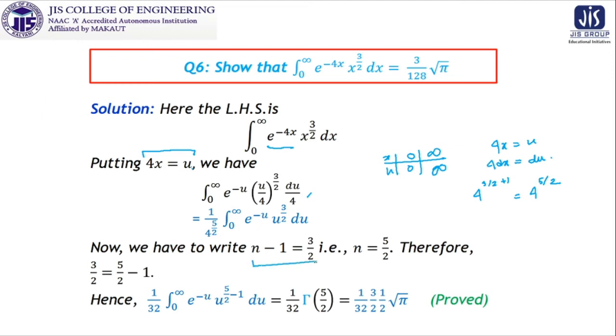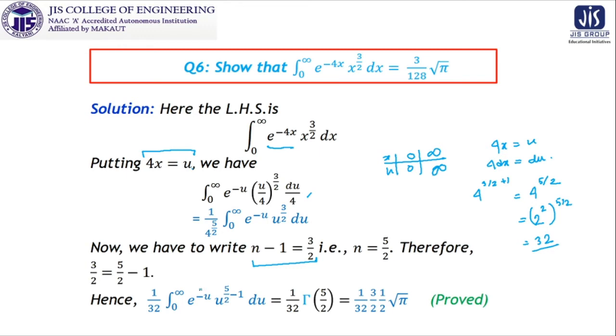This is the very important line, easy line but important. n minus 1 is equal to 3 by 2, that is n is equal to 5 by 2, because 3 by 2 plus 1 is 5 by 2. So what we can write in this line, 1 by 4 to the power 5 by 2 means 2 to the power 2 to the power 5 by 2, this 2 and this 2 is cancelled, so it is 2 to the power 5, that is 32.